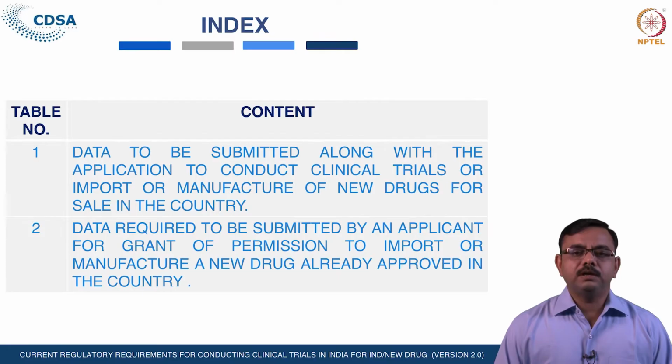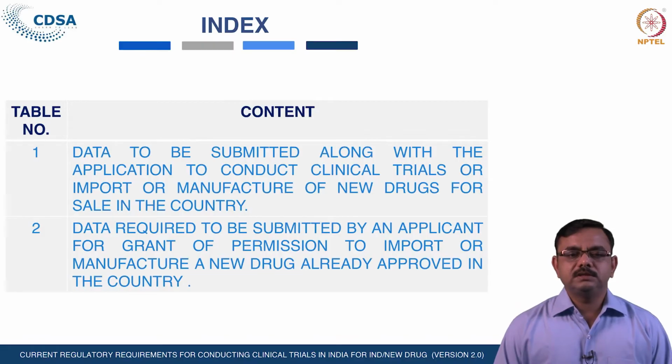Import and manufacture have a separate lecture, which we have seen. The second table is related to the data to be submitted by an applicant for grant of permission to import or manufacture a new drug already approved in the country, that is, what we call a subsequent new drug. This has also been covered in our previous lecture.